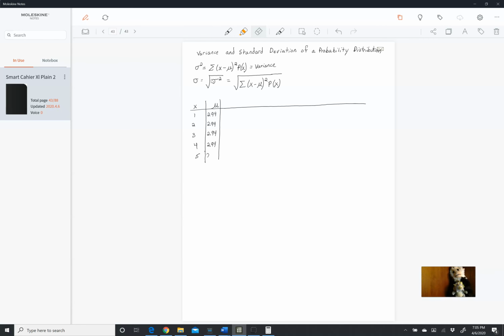A little note here that mu is the sum of x times p of x. We already calculated this on the last page. Then we're going to do x minus mu. So we get negative 1.94, negative 0.94, 0.06, 1.06, 2.06.